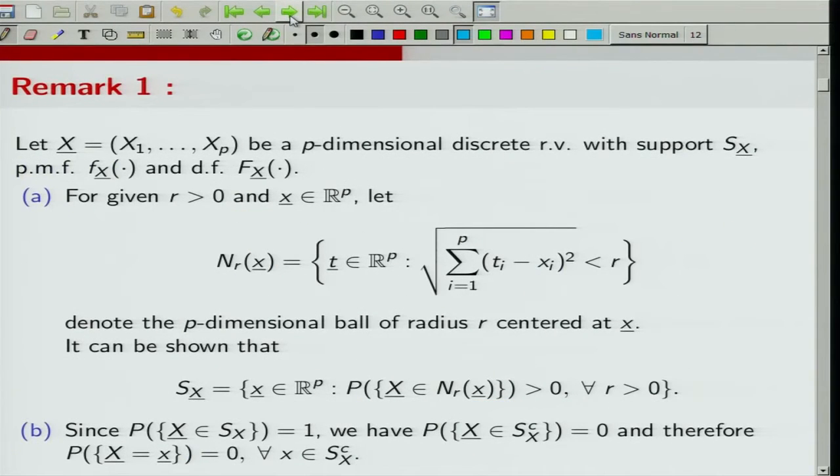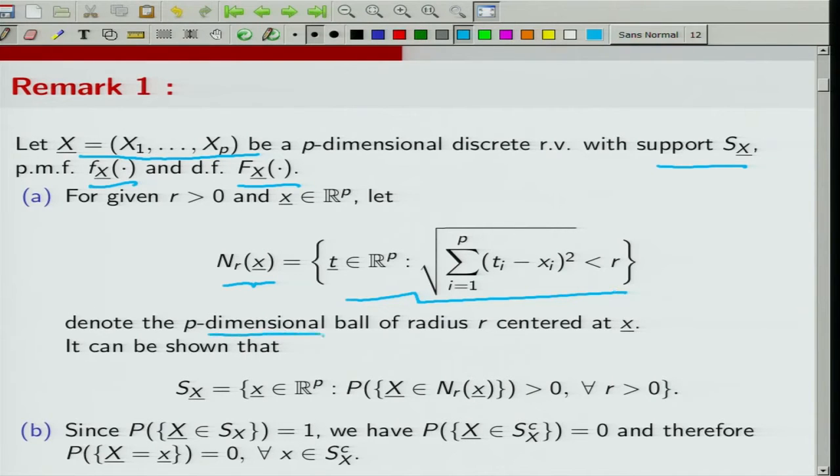So, let us see a few quick remarks. Let X = (X1, X2, ..., Xp) be a p-dimensional discrete random variable with support S_X, and suppose small f_X is the probability mass function and capital F_X is the joint distribution function. For given r greater than 0, let us consider this neighborhood of x, N_r(x), which is the collection of all those t belonging to R^p such that the summation over i = 1 to p of (t_i minus x_i) whole square is less than r.